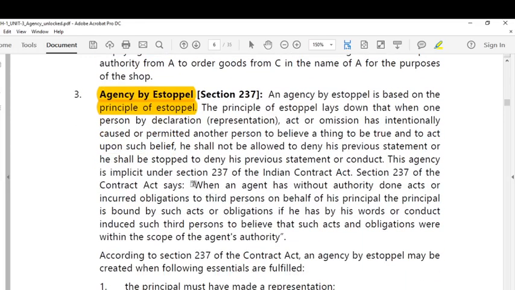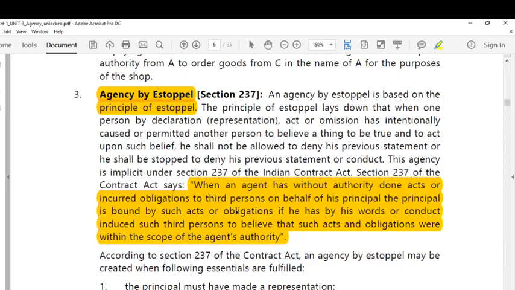So, when an agent has without authority done acts or incurred obligations to third persons on behalf of his principal, the principal is bound by such acts or obligations if he has by his words or conduct induced such third persons to believe that such acts and obligations were within the scope of the agent's authority.